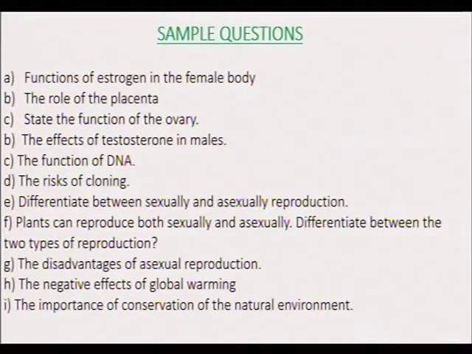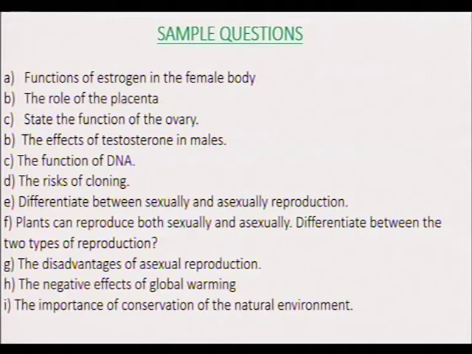Sample questions can range from functions of estrogen in the female body, the role of the placenta, state the function of the ovary, the effect of testosterone in males, the function of DNA, the risks of cloning, differentiate between sexual and asexual reproduction.